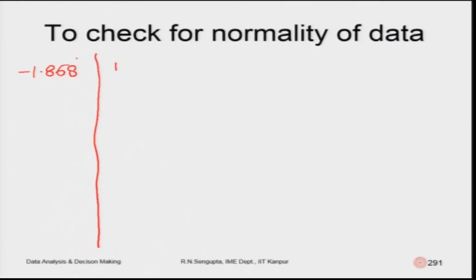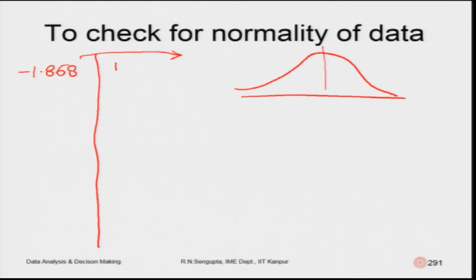Now, for this value of minus 1.86, this is the normal distribution, this is the mean value 0, standard deviation is 1. Consider minus 1.86 is here. I want to find the overall area of z, the total probability from minus infinity to that small z.